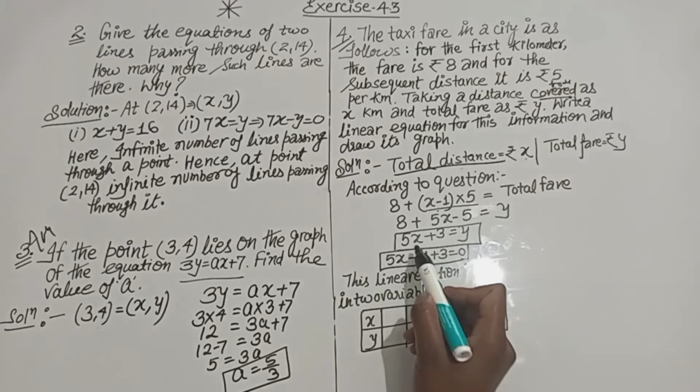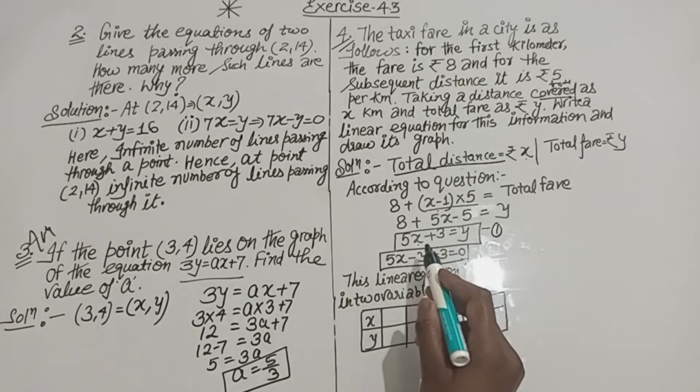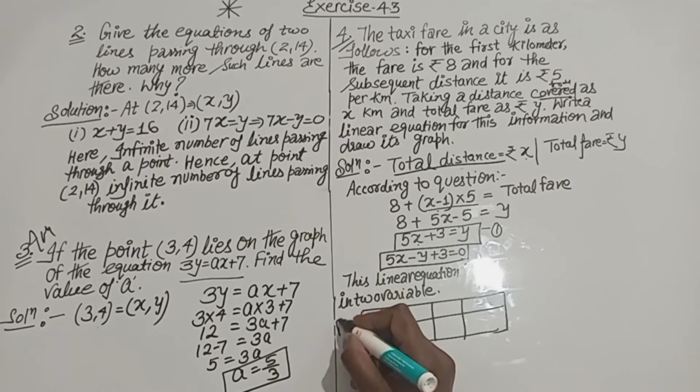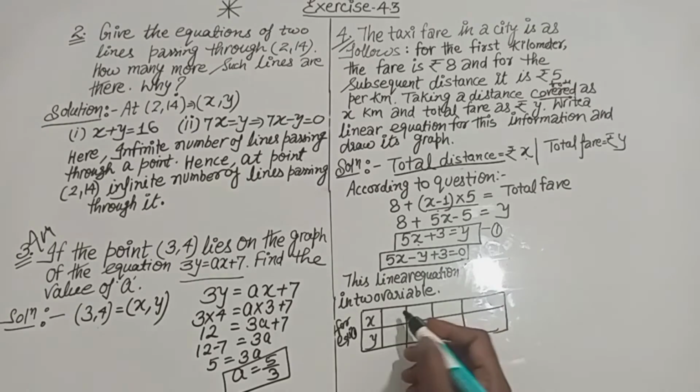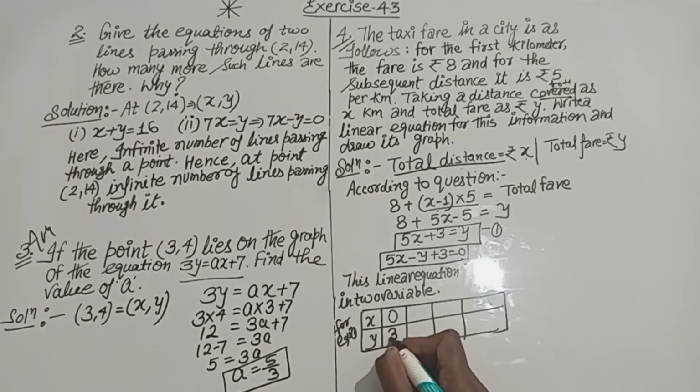Put the values of x in equation 1. When x is equal to 0, 5 zeros are 0, so y is equal to 3.